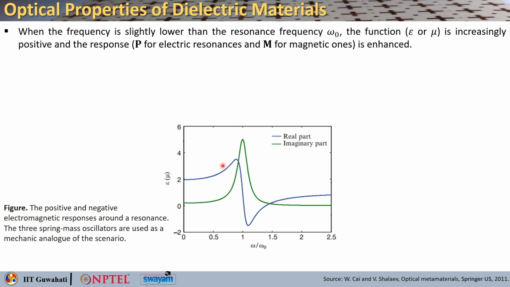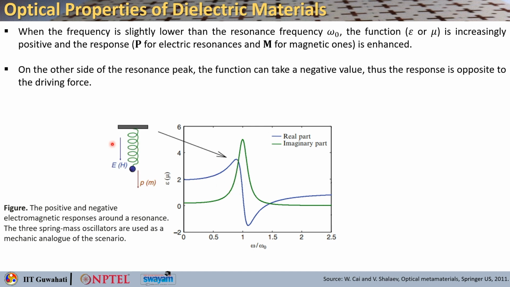That means the response, which is polarization for electric resonances, and if you consider mu, magnetization for the magnetic ones, is also getting enhanced. So in this case the response is slightly getting enhanced, which you can see from the mass spring arrangement as well. Now, when you are on the other side of the resonance peak, your response, your epsilon or mu, is showing a negative value.